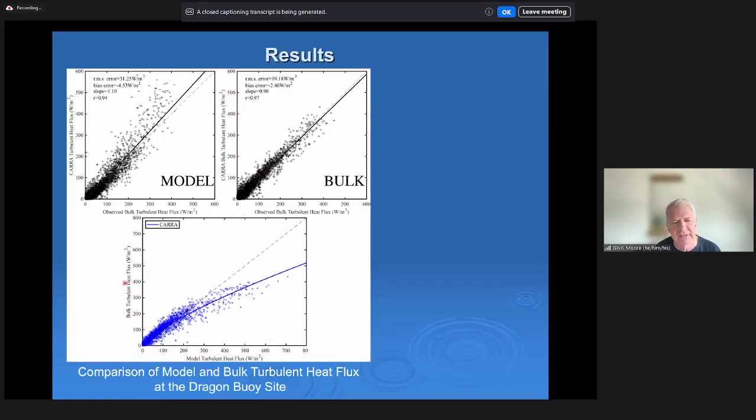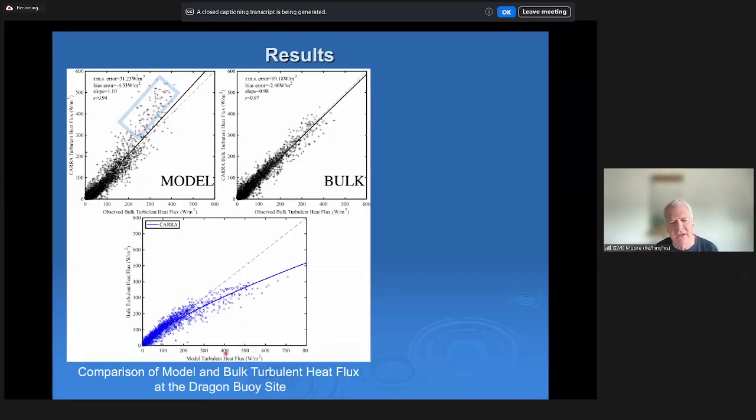And here I'm comparing the model to the bulk fluxes. What you can see is that there's this region, when I use the model fluxes, where consistently the model fluxes are much higher than the observed fluxes, okay? That doesn't happen so much with the bulk fluxes, right? So there's this bias towards higher heat fluxes in the model compared to observations for very high heat fluxes.